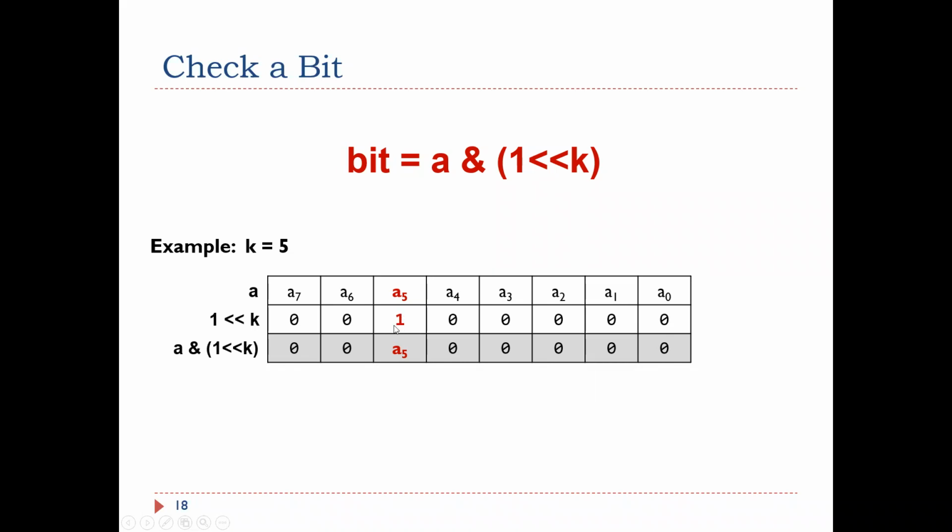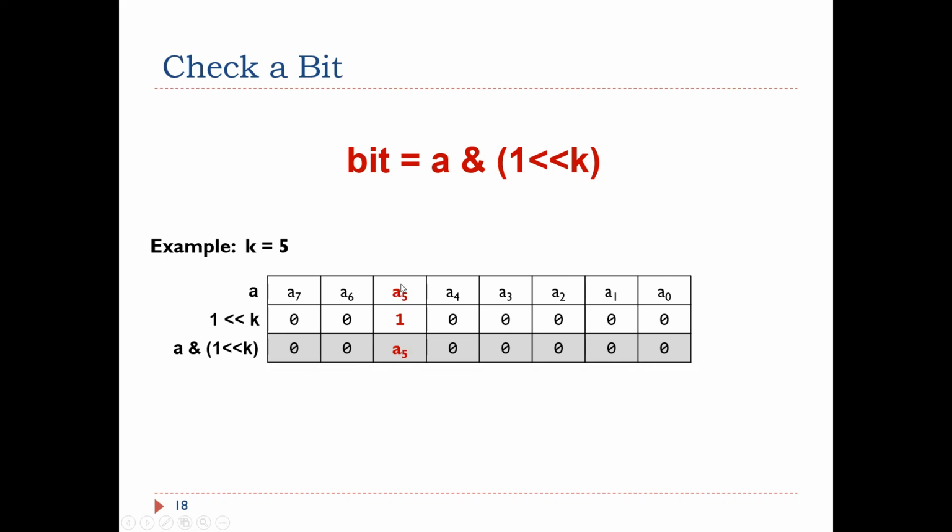Now for A5, let's take a look. Our idea is to get A5 here. So this is the result, and that's what we would like to do. Let's assume A5 equals 0. If A5 equals 0, 0 AND 1 will be 0. So we get 0 here, which is exactly A5.